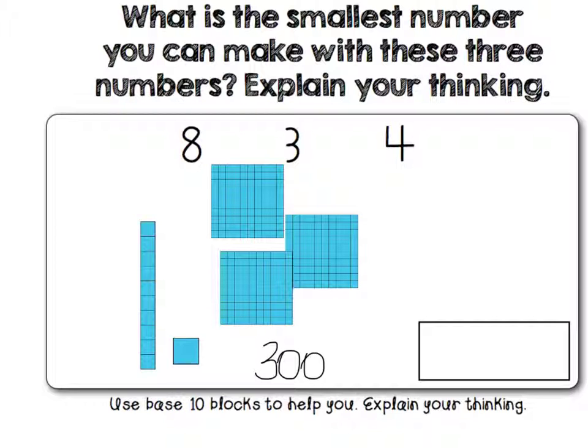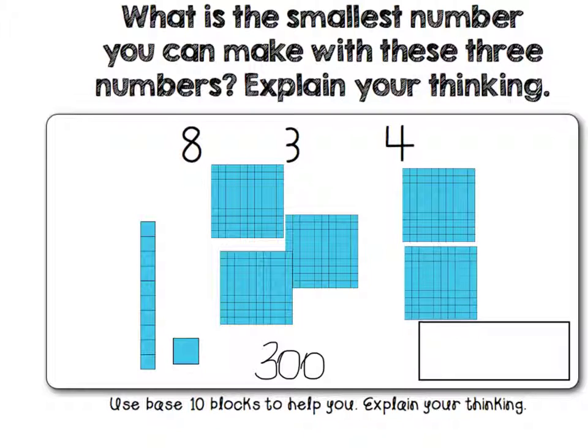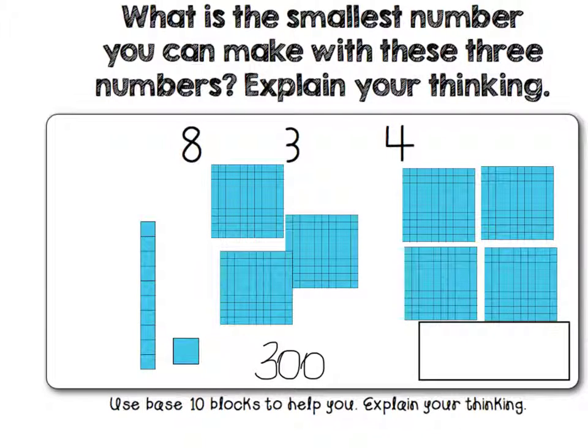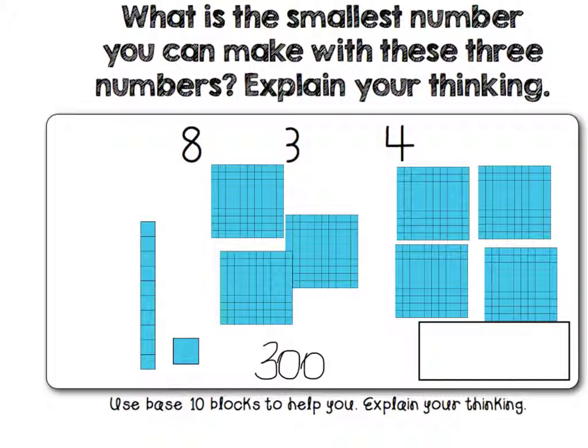Now, if I wanted to represent the 4, I would need 4 flats. So I'm going to duplicate till I have 4. I have 1, 2, 3, and 4. So I have 100, 200, 300, 400.